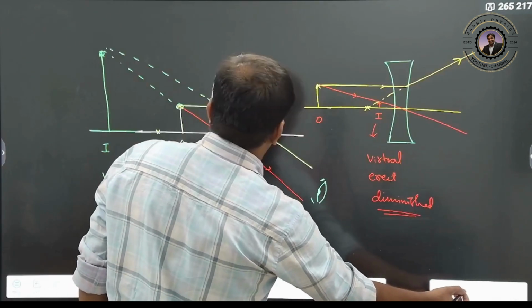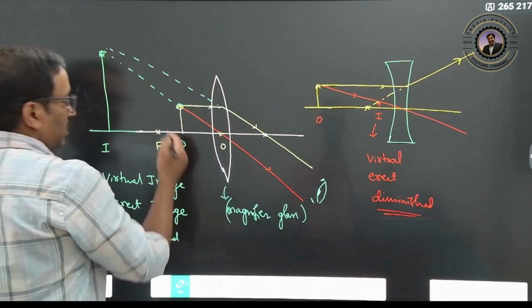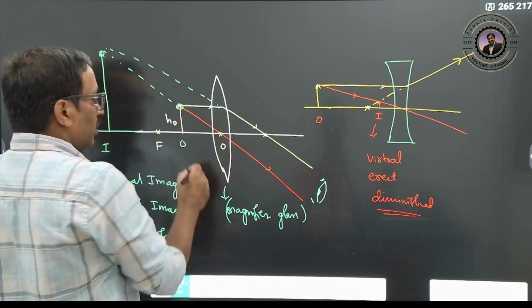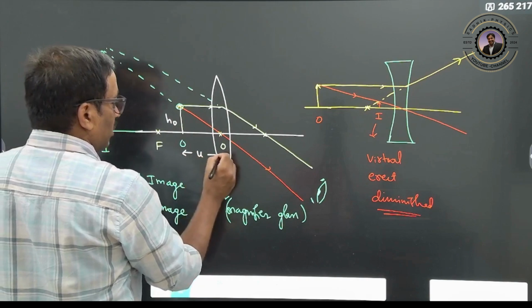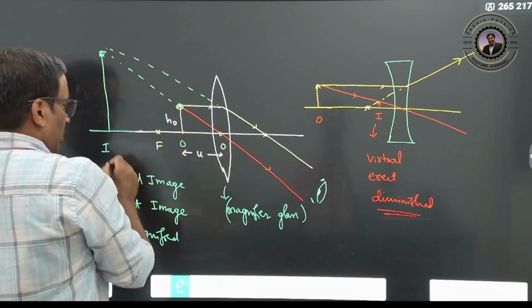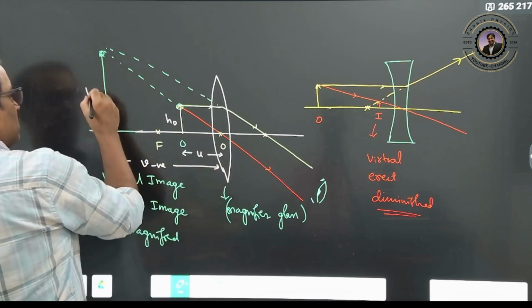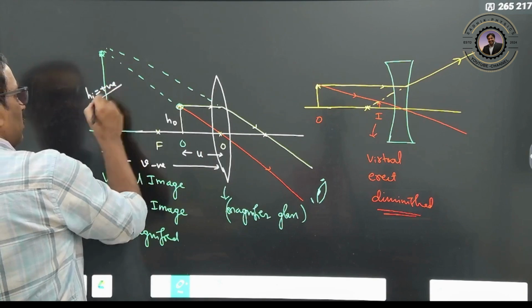So here let us test. This is the height of the object, is it positive or negative? Positive. So the object distance is negative. What is the image distance? Image distance is negative, height of the image is positive, clear.